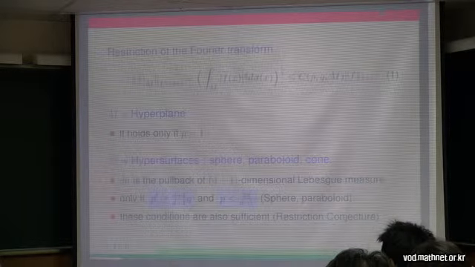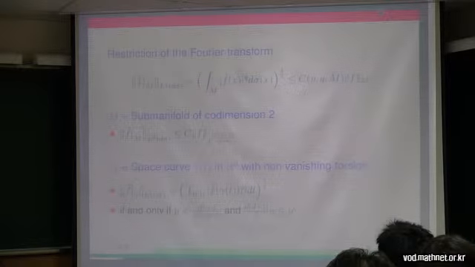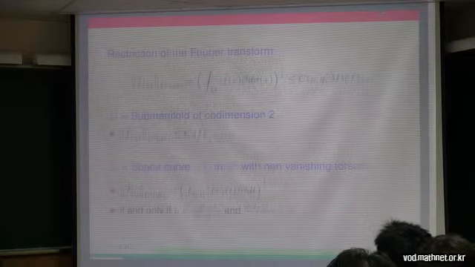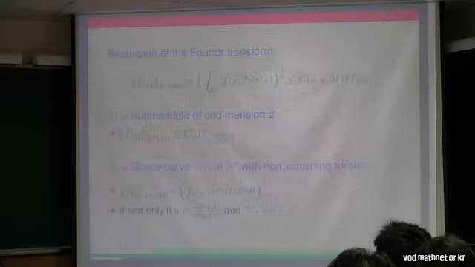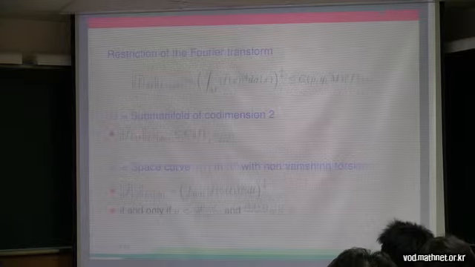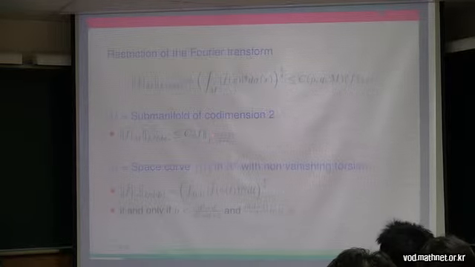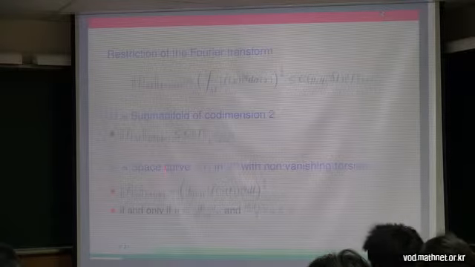And then if M is a submanifold of codimension 2, then only some kind of Tomas-Stein type estimate is known. So here are some quantities, that is the only thing known.